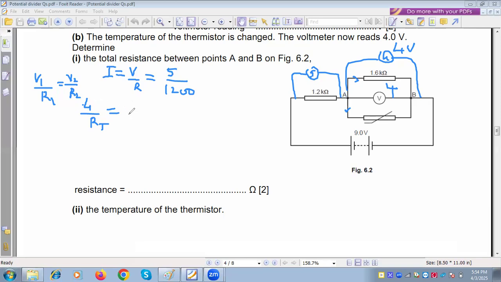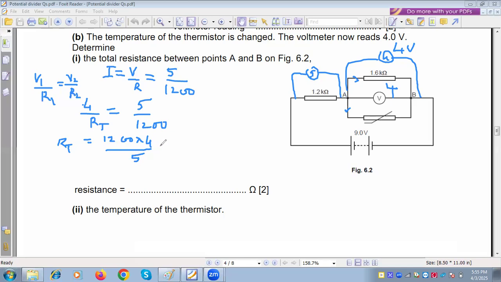This potential difference is 4 volt and this is R total. The current is the same. What is the current through this part? 4 over R total, the potential difference across the total resistance. What is the current through this? 5 over 1200. So if we make RT the subject, it will be 1200 into 4 over 5.